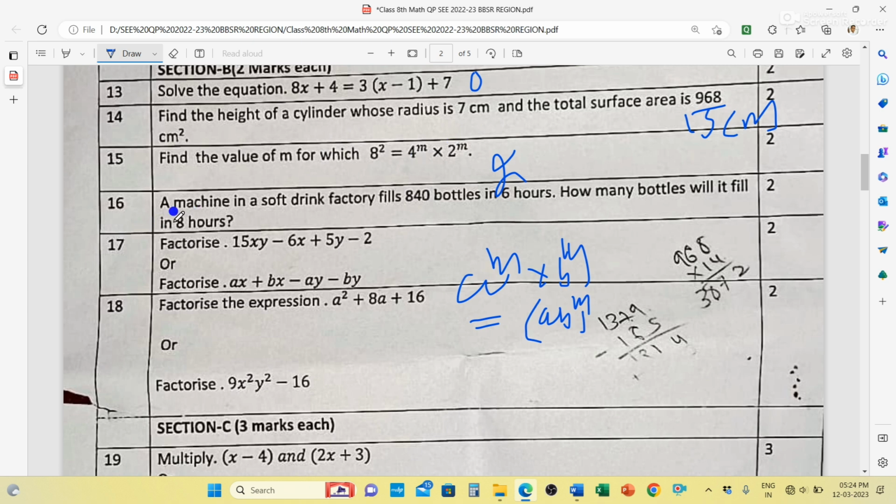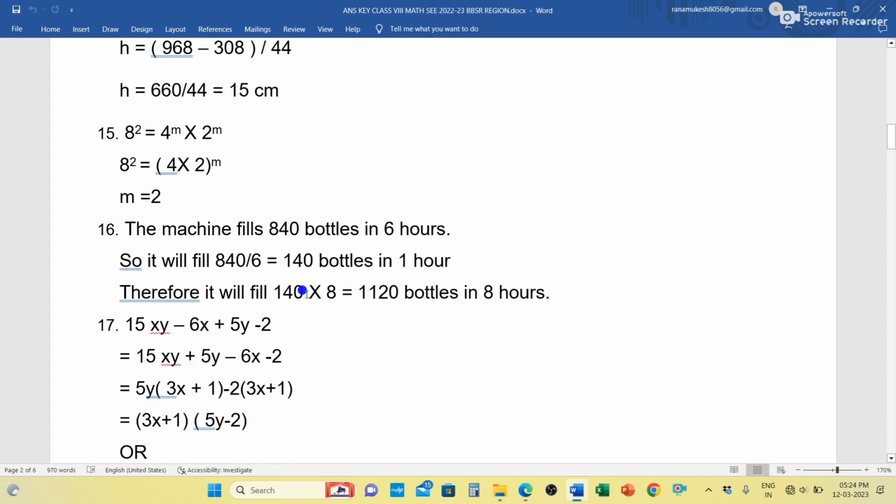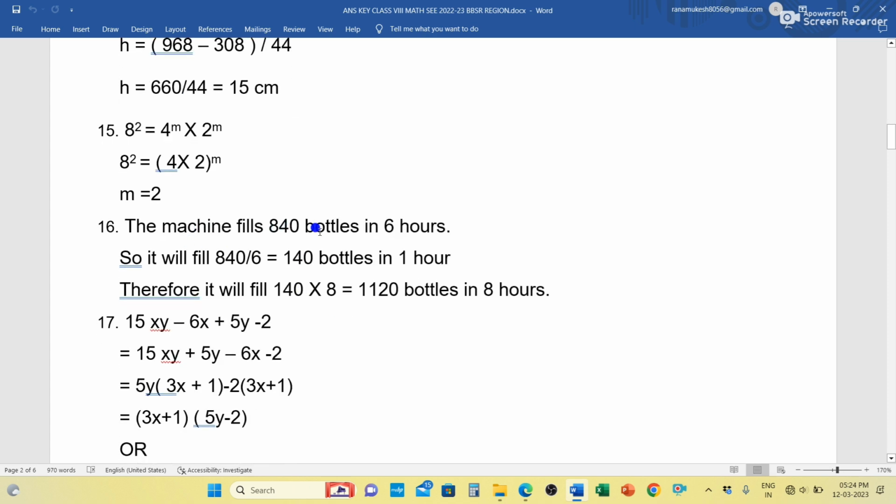Okay, a machine in a soft drink factory fills 840 bottles in 6 hours. How many bottles will it fill in 8 hours? Okay, so the machine fills 840 bottles in 6 hours, so it will fill 840 divided by 6, that is 140 bottles in 1 hour. Therefore it will fill 140 into 8, that is 1120 bottles in 8 hours.